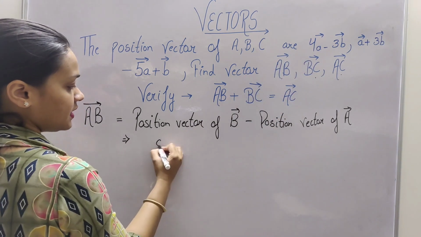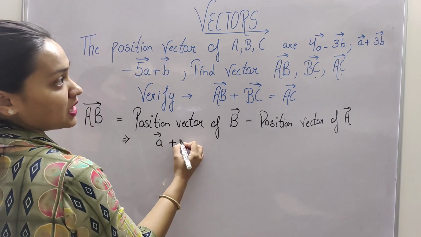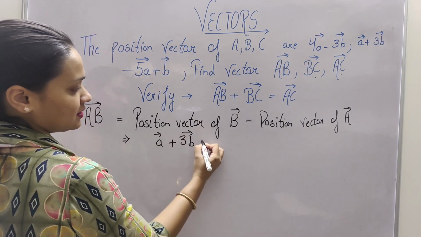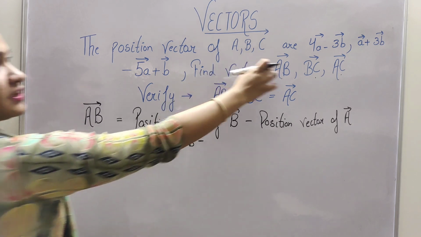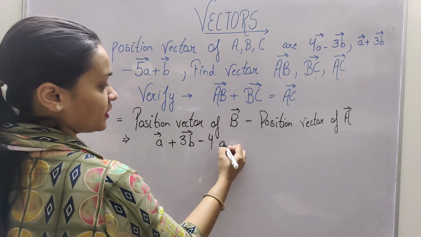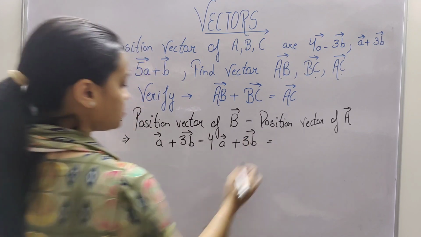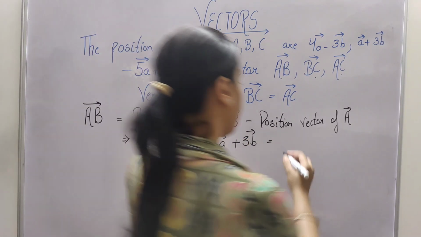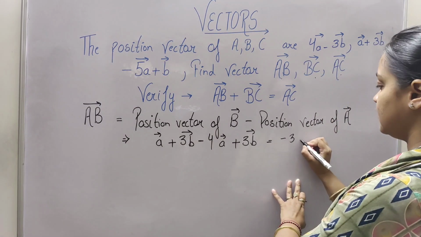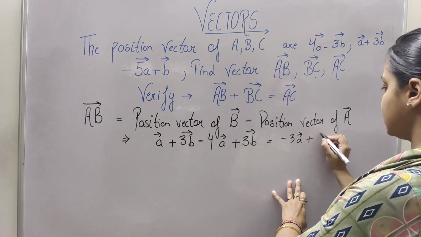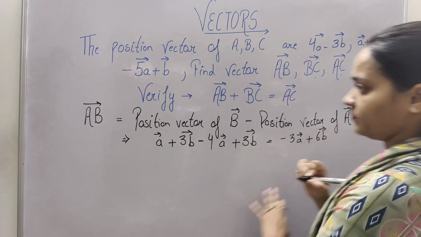B's value is a vector plus 3b vector, minus position vector of A, which is 4a vector minus 3b vector. So the value comes minus 3a vector plus 6b vector.